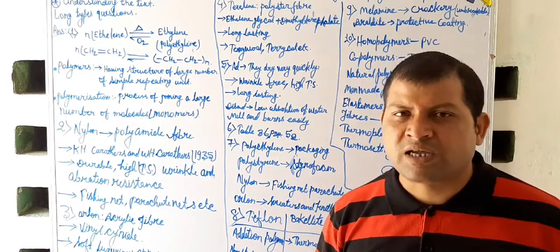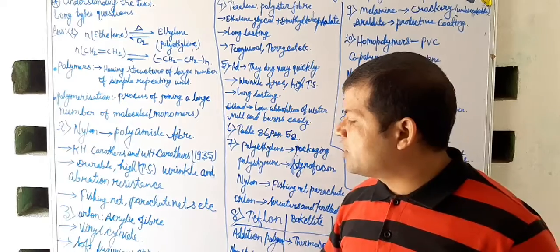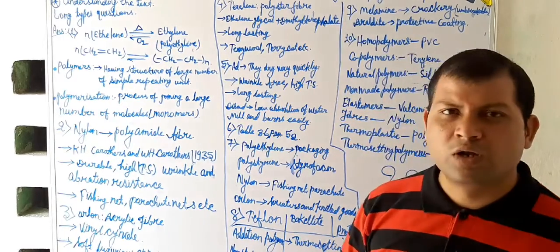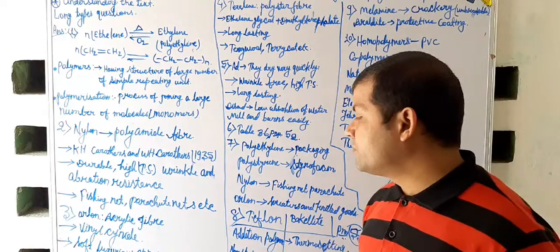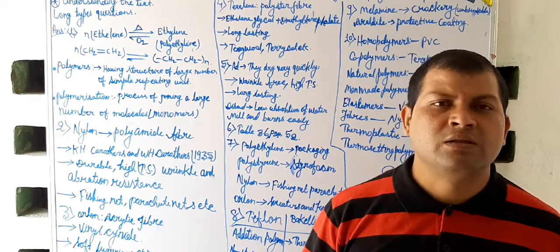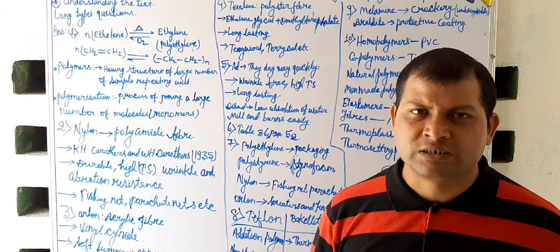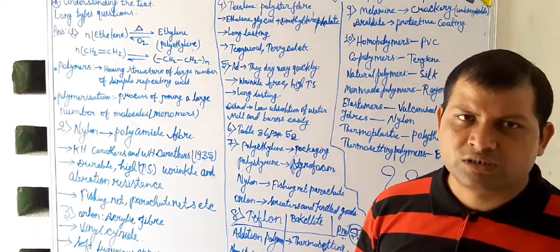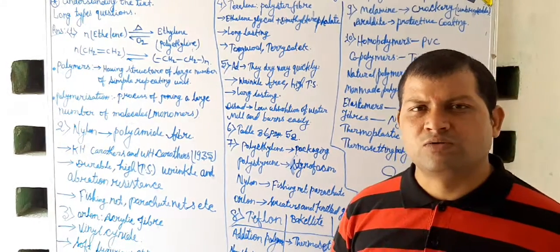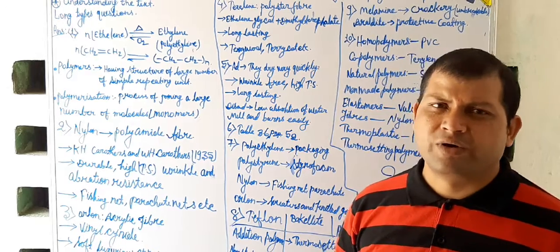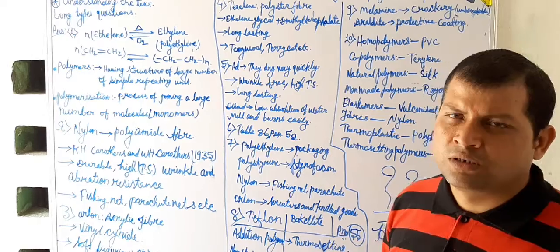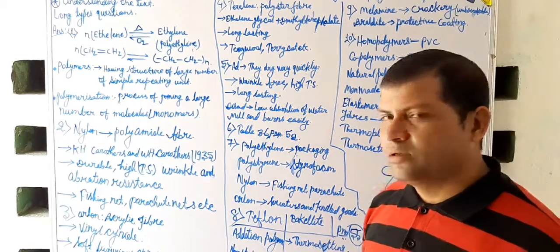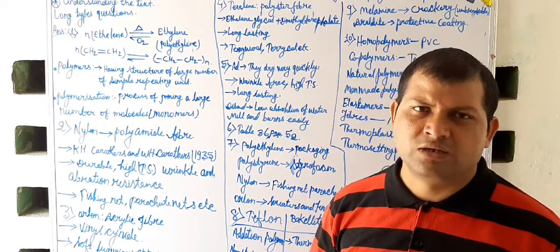Its properties are that it becomes very soft and has a luxurious appearance, and it is used in the formation of sweaters or knitted goods. All the knitted goods nowadays are generally made with Orlon. So this is the solution to question number 3.